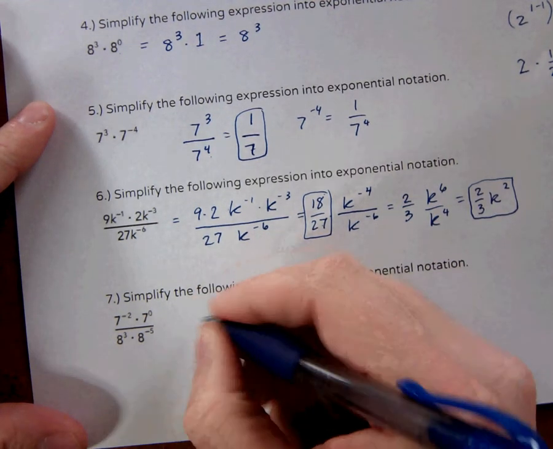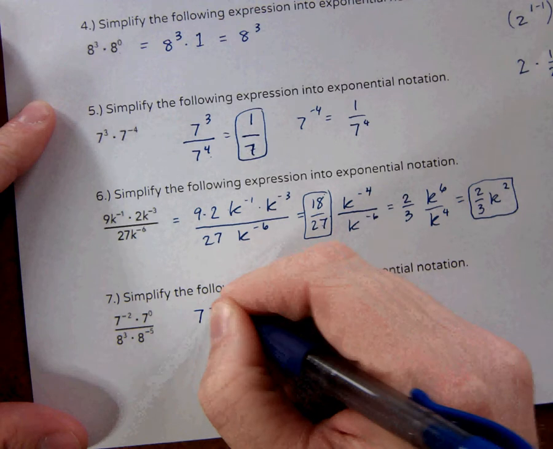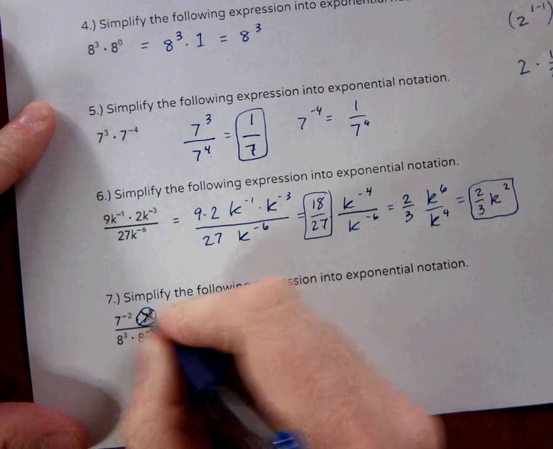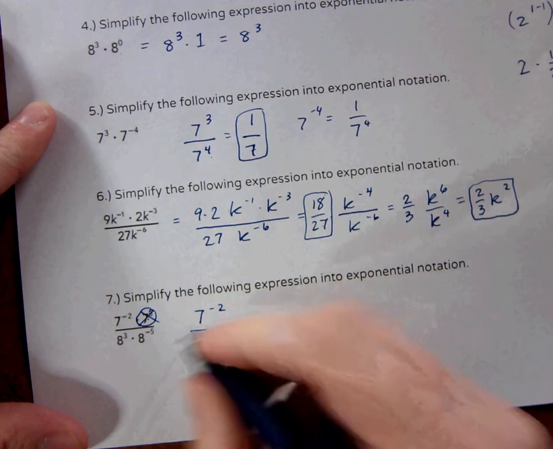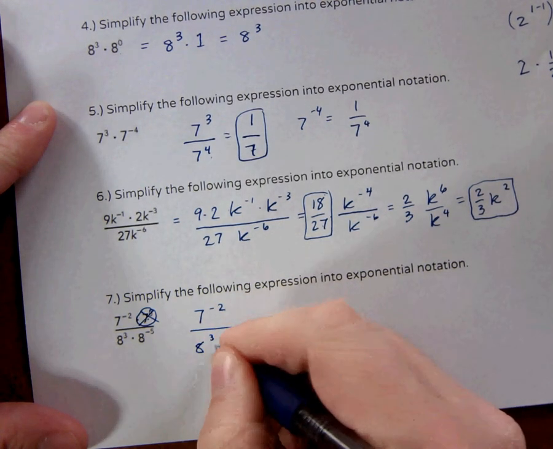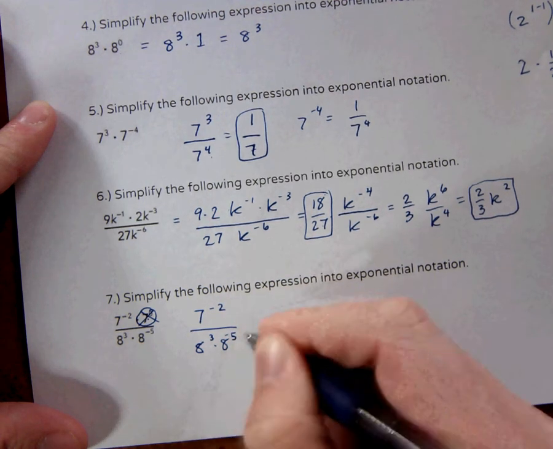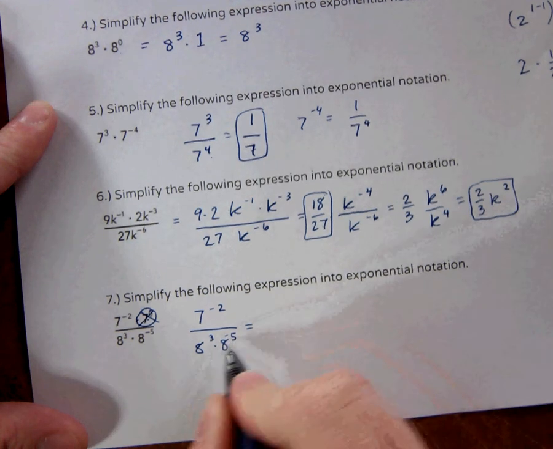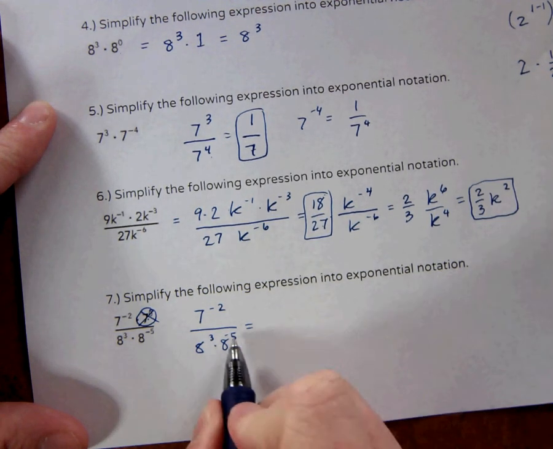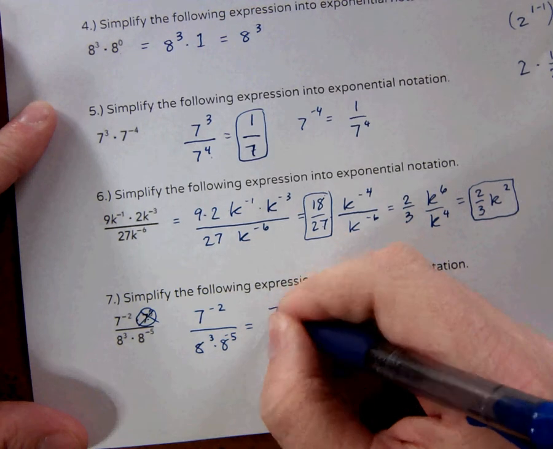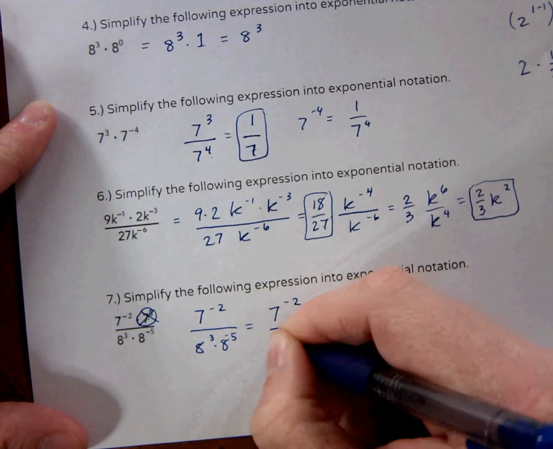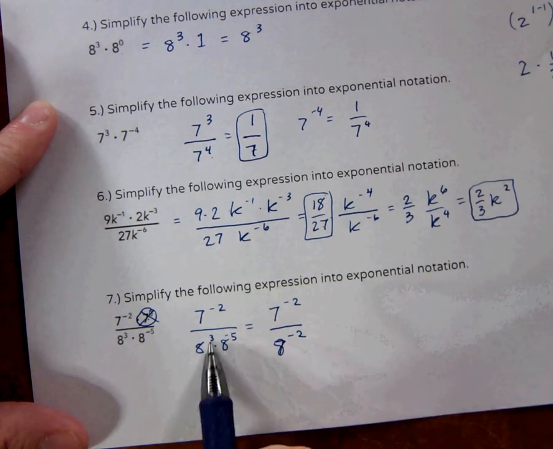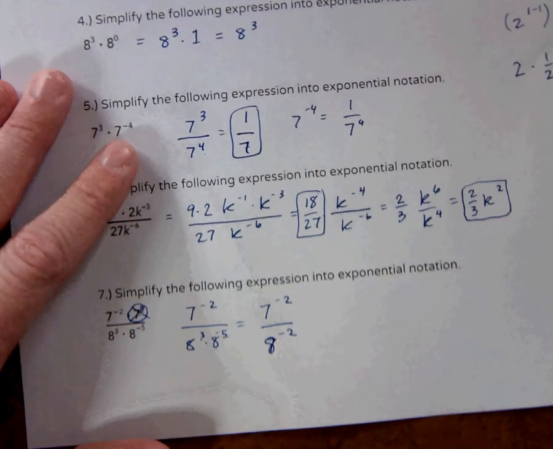So this becomes 7 to the negative 2 times 1, so this is basically going to cancel out, over 8 cubed times 8 to the negative 5th power. 8 cubed, using the product rule, 3 minus 5, this becomes 7 to the negative 2 over 8 to the negative 2. 3 minus 5 is negative 2.